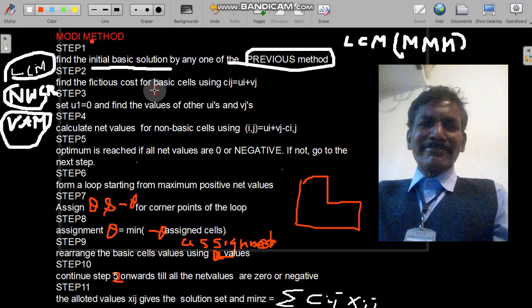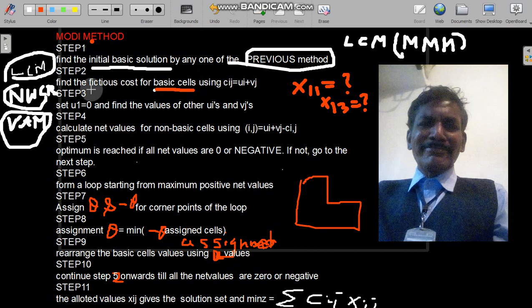Basic cells are cells which are assigned. Assigned cells are called basic cells. We have already assigned values like x11, how much, and x13, how much, and we have written these values in the cells. So those are called basic cells.